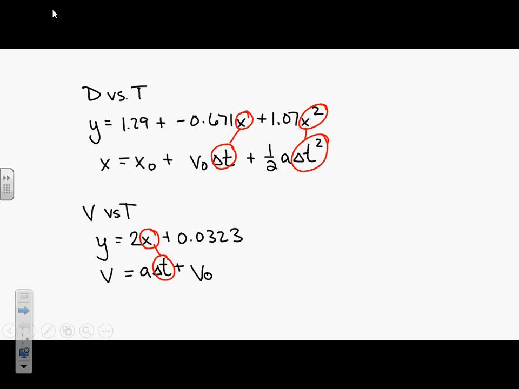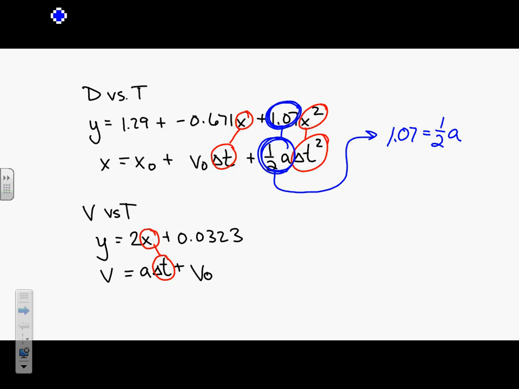So we're using these graphs to get our values for our accelerations. From this graph right here, our acceleration is what's in front of our t squared term. And we said that the 1.07 isn't the acceleration, it's half of the acceleration. So to find our acceleration, we know that 1.07 is equal to 1/2 of a.